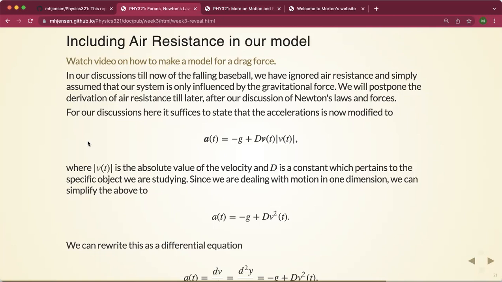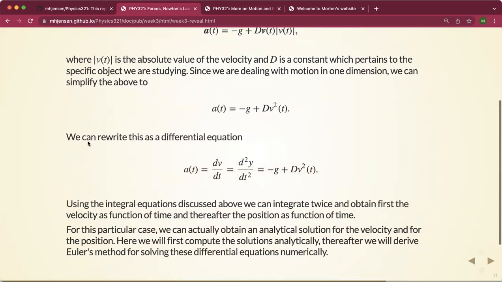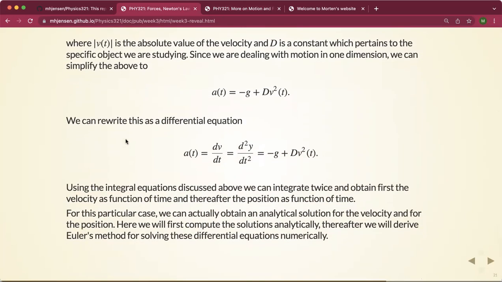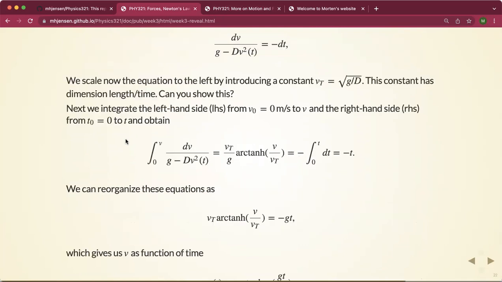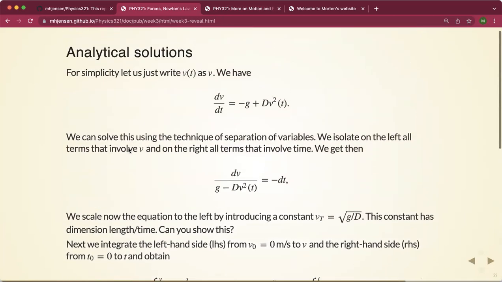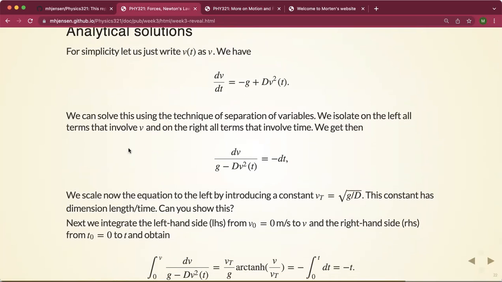What that means, and this is what we did last week, was to rewrite the differential equations. I'm just repeating a little bit where we ended last week. Then we could integrate up, because we could actually do this analytically. This is a typical equation where we can separate the velocity in the y direction and time.